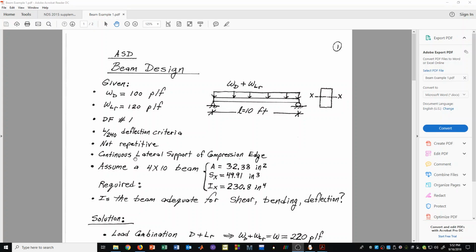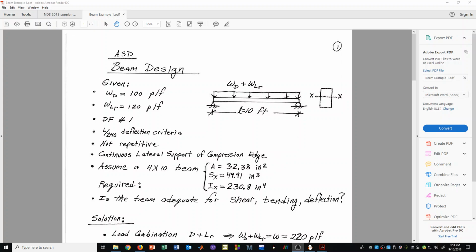We also stipulate that continuous lateral support of the compression edge for this beam is provided. And so we will not have to worry about using the beam stability factor C sub L. In fact, C sub L for this case would just be 1.0.